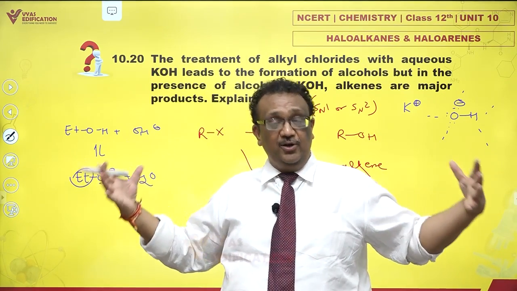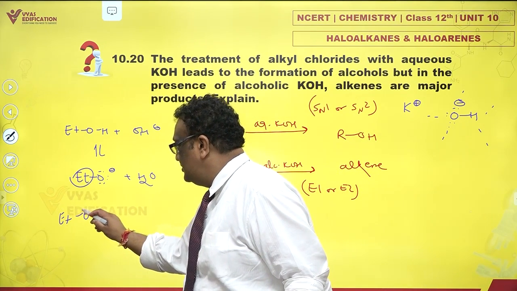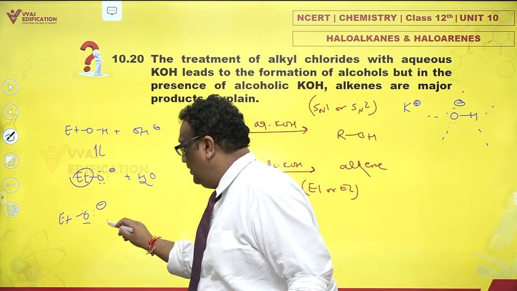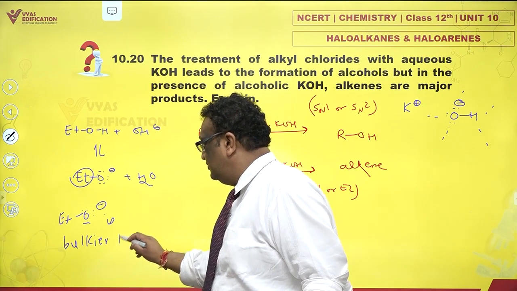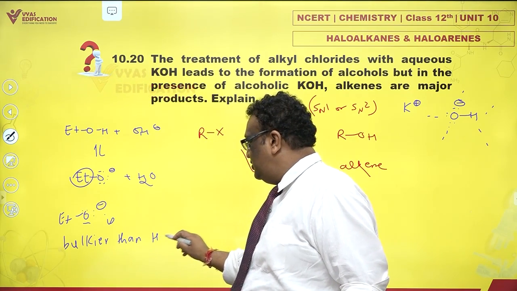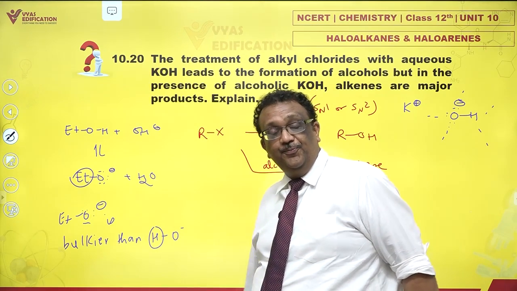Alkoxide ions are bigger and huger, right? So EtO minus is bulkier than HO minus. Obviously, ethyl group is much huge as compared to hydrogen atom.